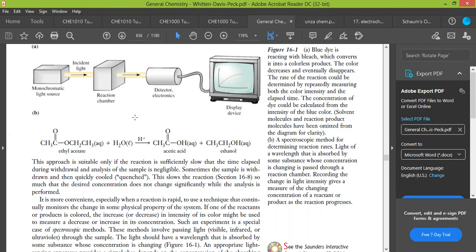After a given amount of time, you take an amount from your reaction vessel, you measure the concentration, you record. After another given time, you take another volume and measure the concentration, until about 45 minutes, after which you stop, and then you use that to determine the rate of the reaction.